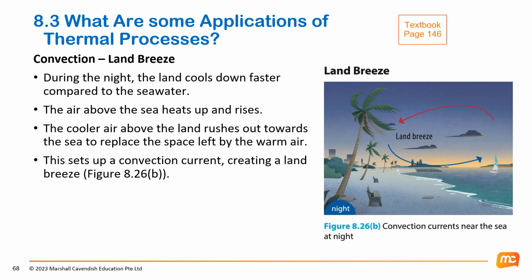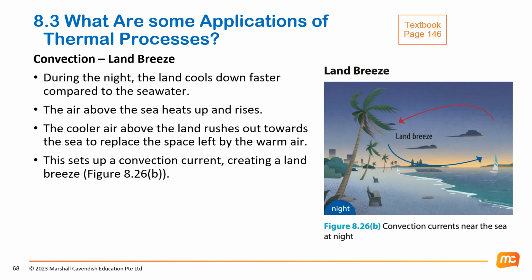Now at night, the same thing happens but in reverse. Just as how the land heats up faster than the sea, it also cools down faster than the sea. So after sunset, the sea is actually warmer than the land, and the air above the sea will heat up and rise. And this creates lower pressures above the sea, and the air that is cooler and denser over land will rush to take its place, causing a land breeze from land to sea.